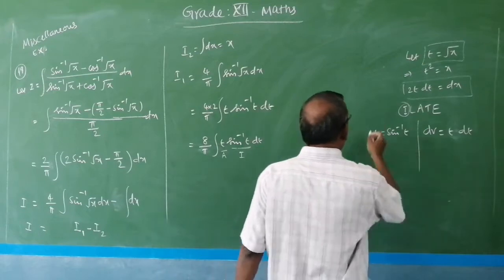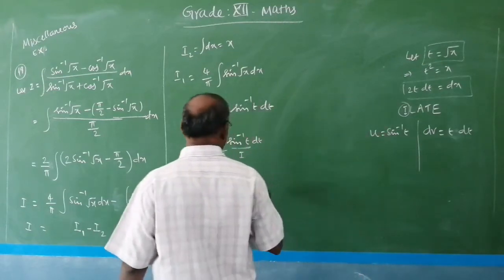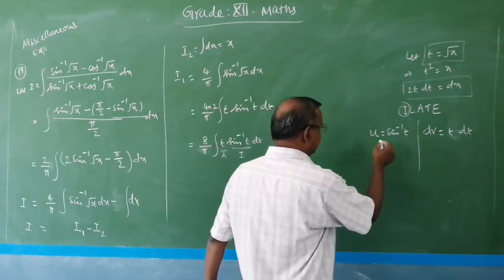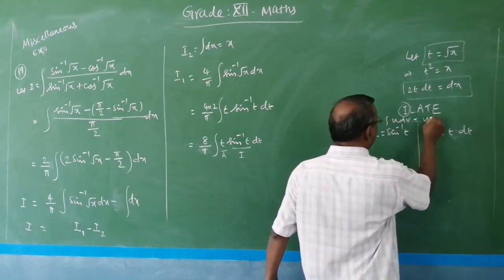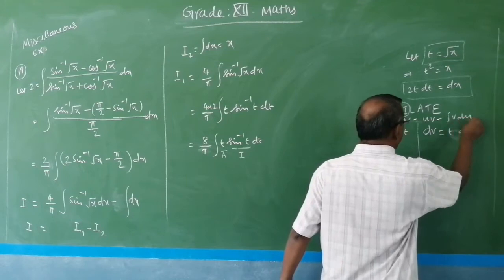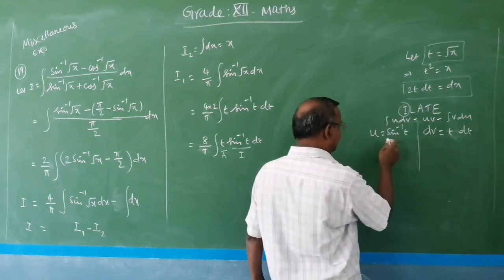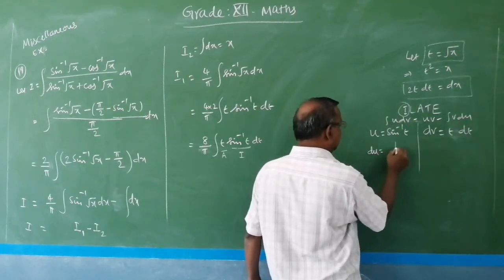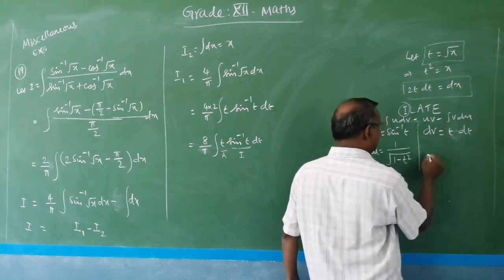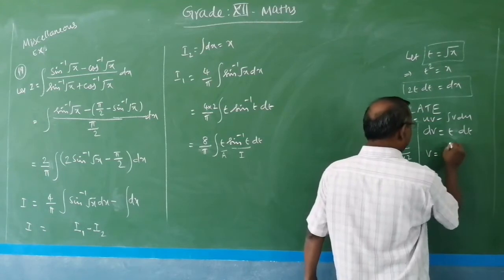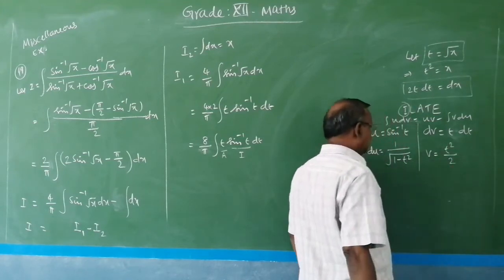We know that by integration by parts, the integral of u dv equals uv minus the integral of v du. So we differentiate this: du equals 1 by root of 1 minus t square, and integrating, we have v equal to t square by 2.